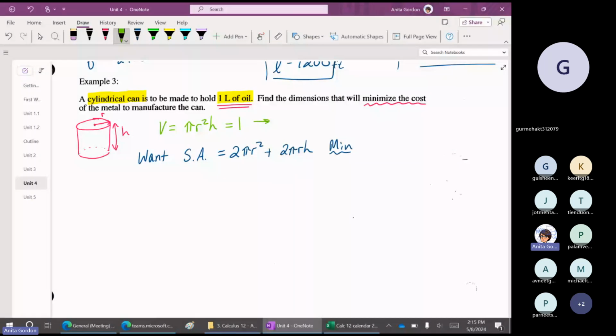H is 1 over pi r squared. So we are going to take the surface area, make it a function of the radius, and anywhere that we see h, we are going to substitute 1 over pi r squared. So don't pi and r cancel out on... I sure do.